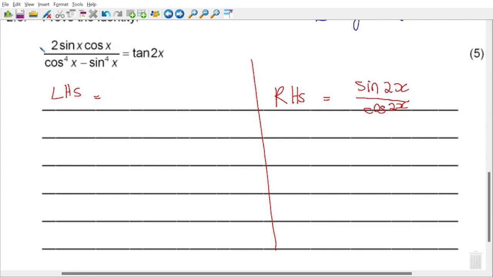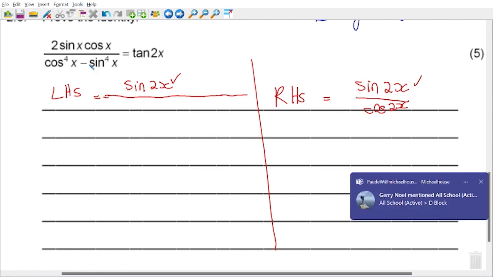This here, we should recognize immediately, if we've taken the trouble to learn our identities, we should know that this is sine of 2x. Now, this is looking very good. Now, I need this to be cos of 2x. And remember, cos of 2x has got 3 different flavors, right? If you're wide awake, you will spot that this is actually a difference of 2 squares.